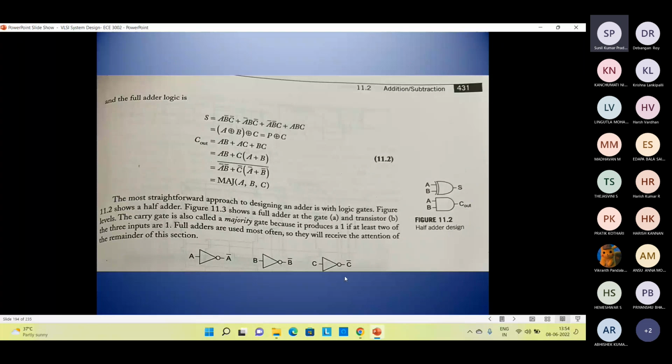Now, if you take into consideration the full adder logic, how can we define it in terms of sum and carry out?